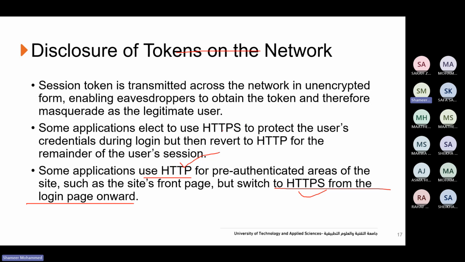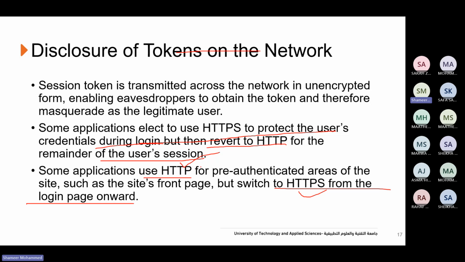That is what they are telling here. Some applications select the HTTPS protocol to protect the user credentials during the login, but they revert back to HTTP for the remaining session. You should not do like this. It's very, very dangerous. On sites like Amazon or Alibaba Express, only at the time of login are you validated, and that's not the correct way.